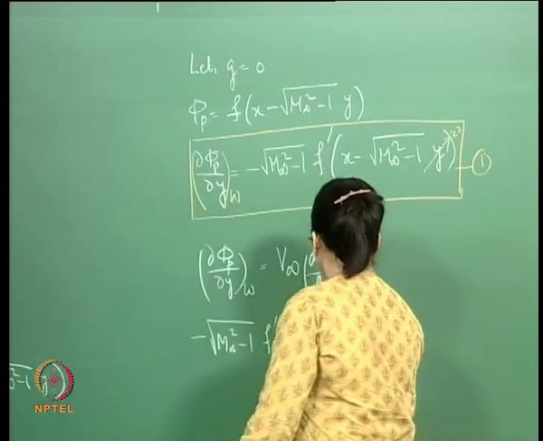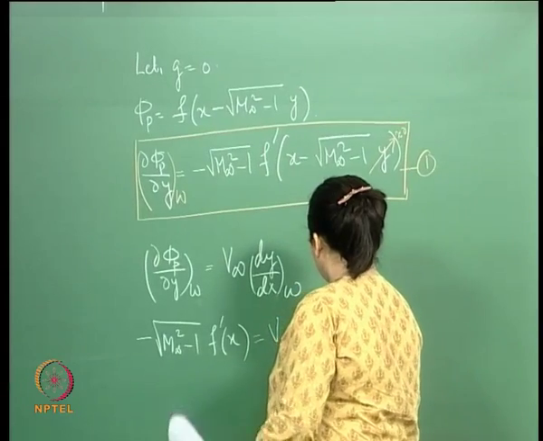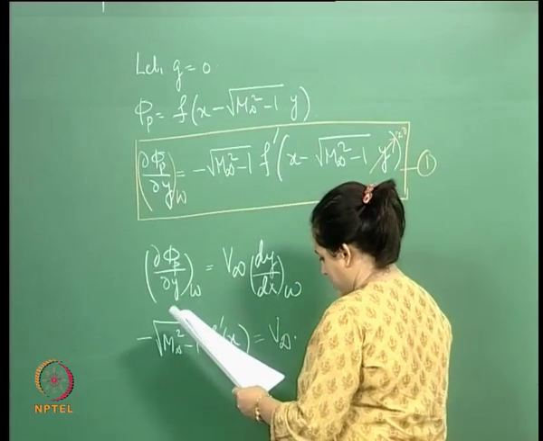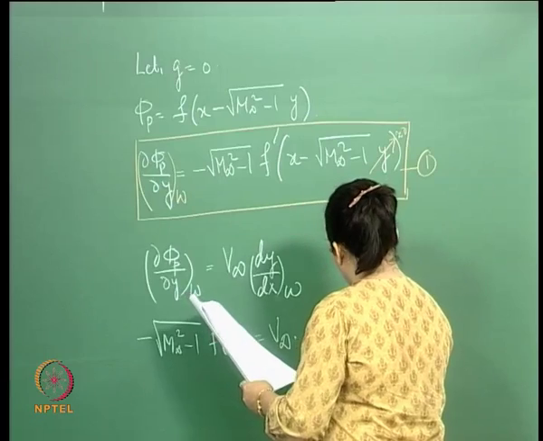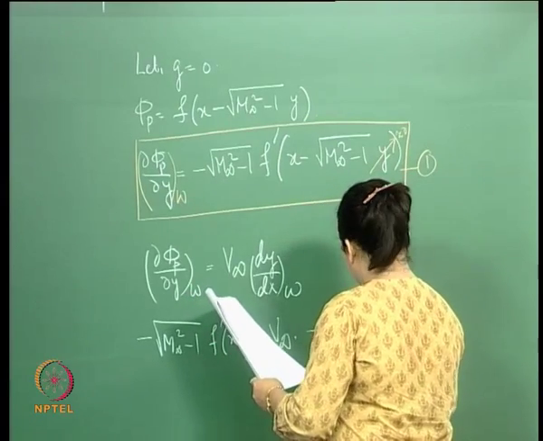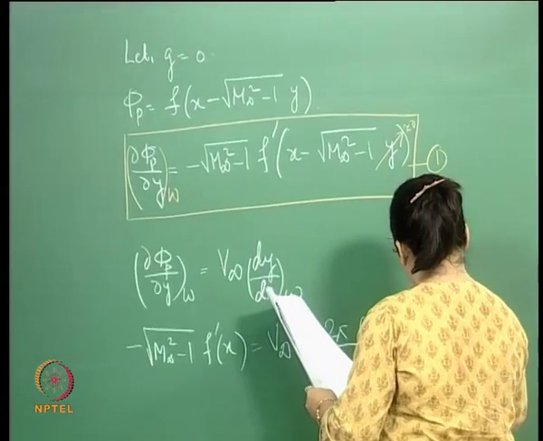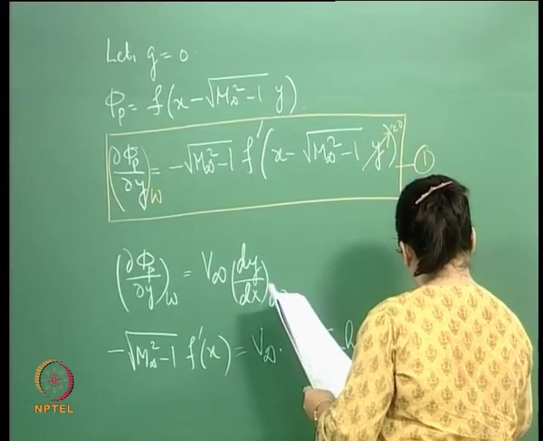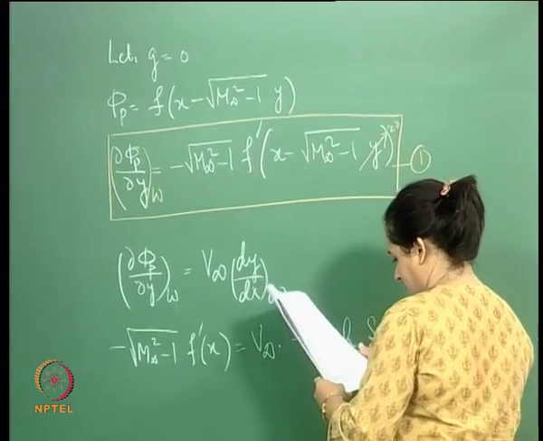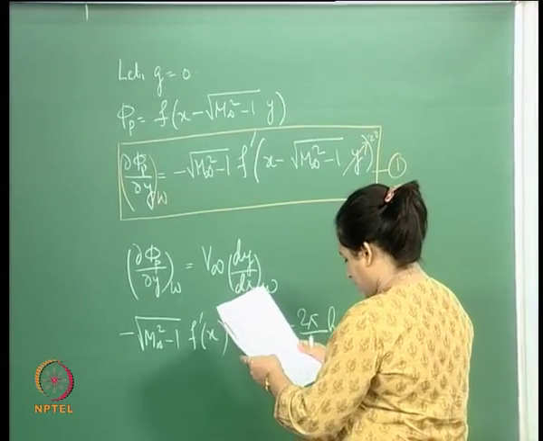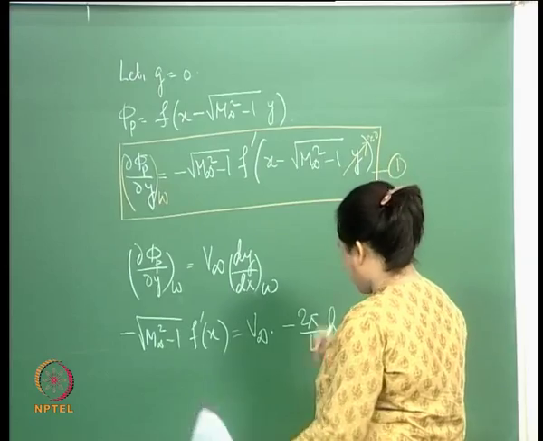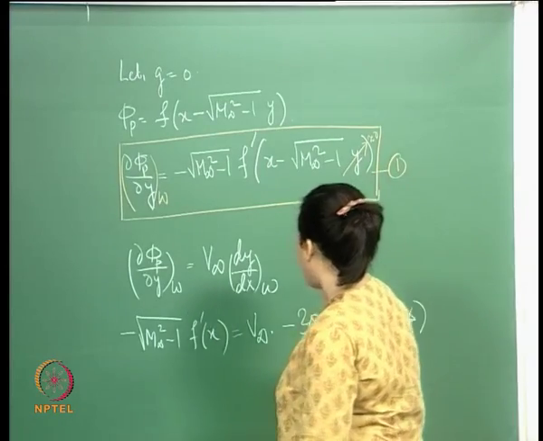Is equal to, and the slope was given as, okay, so this is what we get. So here therefore we can get our f dash x.